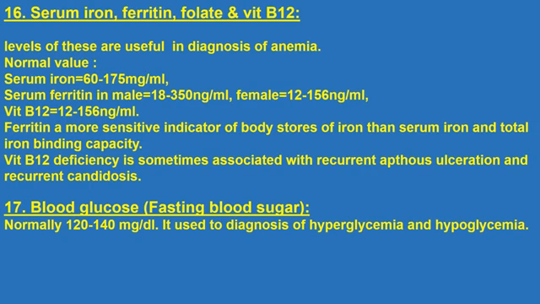The normal value of serum iron is 60 to 175 microgram per deciliter, while the normal value of ferritin in male is 18 to 350 nanogram per milliliter, and in the female 12 to 156 nanogram per milliliter.